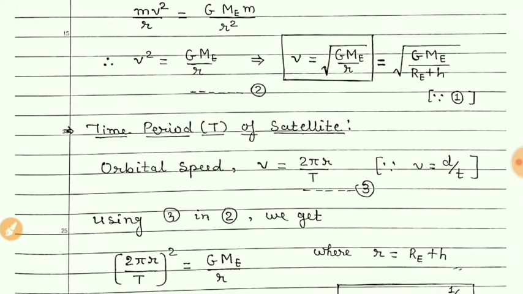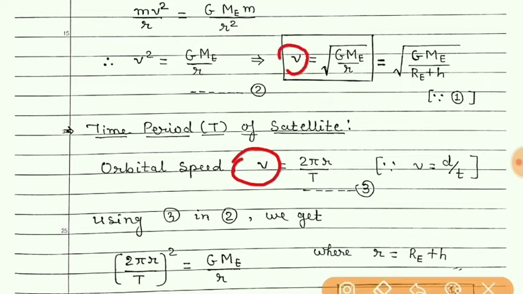Now this is the speed of the satellite. Even we obtained the speed of the satellite here also. So we can compare this equation 2 and 3 also.